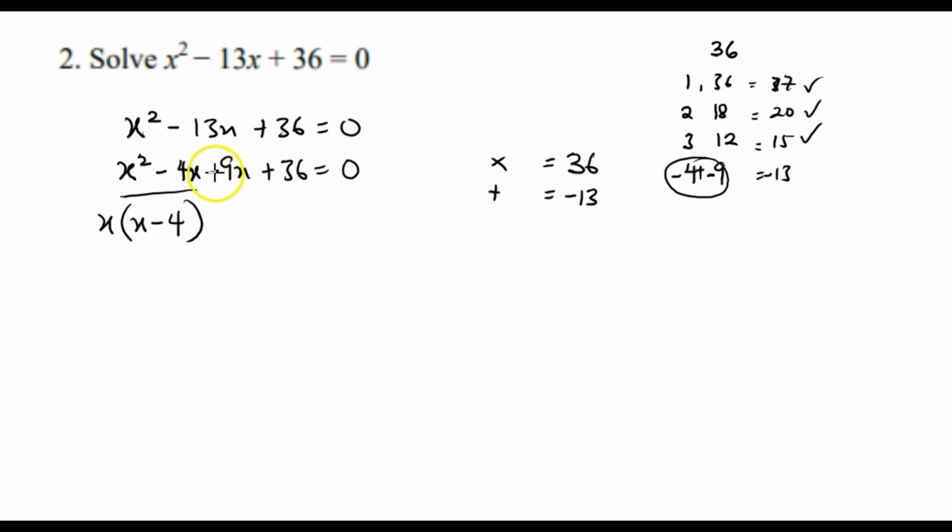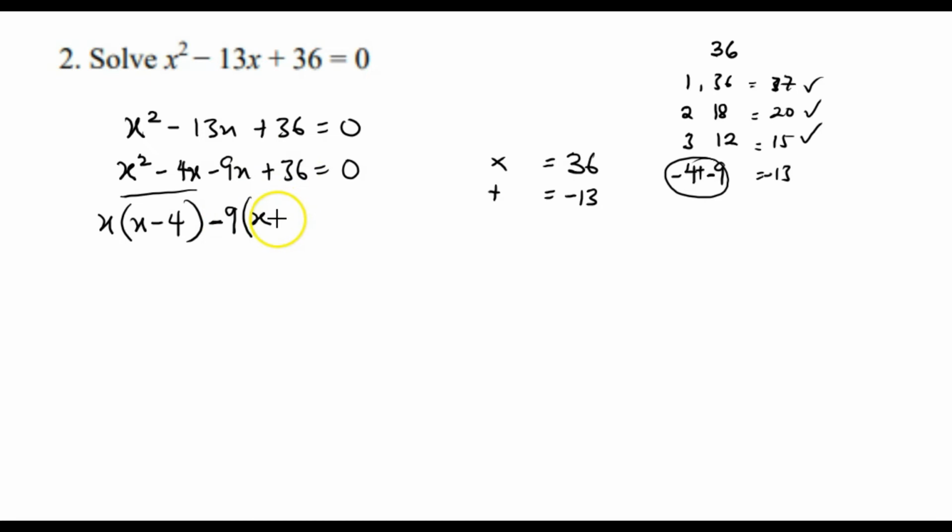The next terms: we have to consider the next operational sign, which is minus, and the common factor between 9x and 36 is going to be 9. Then we introduce our brackets. So negative 9 multiplies x to give us negative 9x. Negative 9 will multiply what number to give us positive 36?